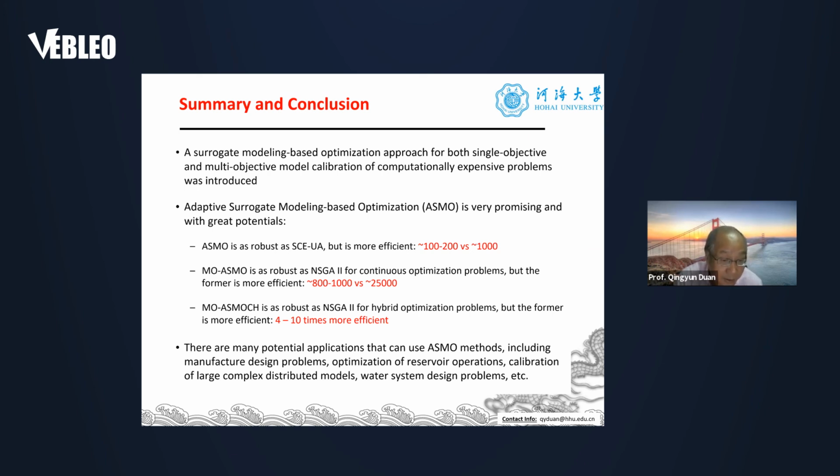And the same can be said when we compared MO ASMO to NSGA2: 800 compared to 25,000. And lastly, we showed for constrained hybrid problems, MO ASMO is as robust as NSGA2, but it's 4 to 10 times more efficient.